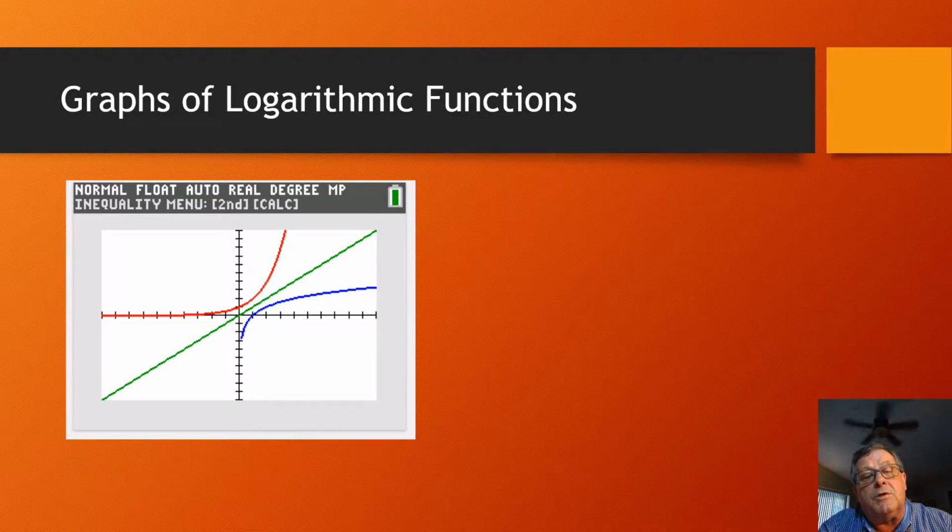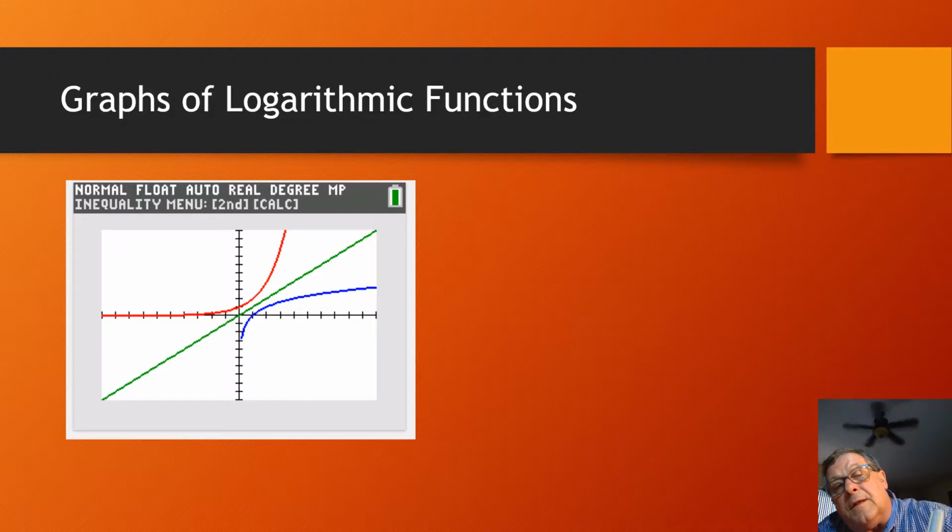If I want to describe the domain, just as the red, which is the exponential, hovers all along the x-axis, just barely above it, and then shoots up, this blue, if it went on down and you could see it, is actually going to hover right along that y-axis. It's never going to get less than 0.